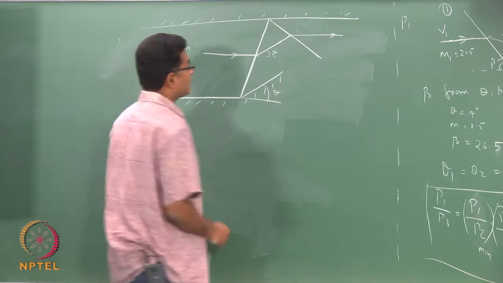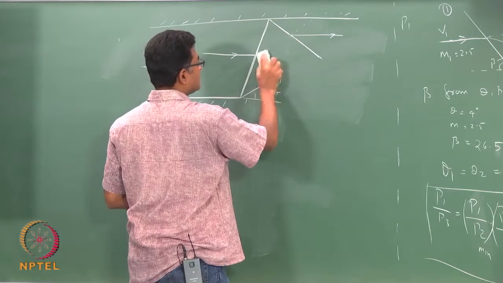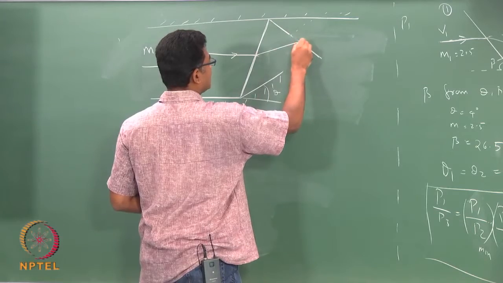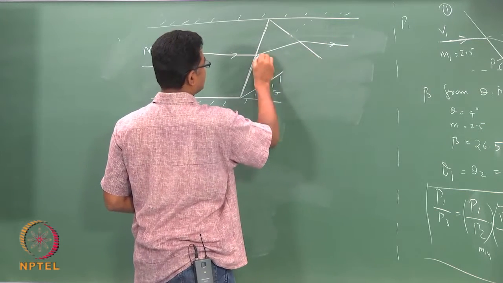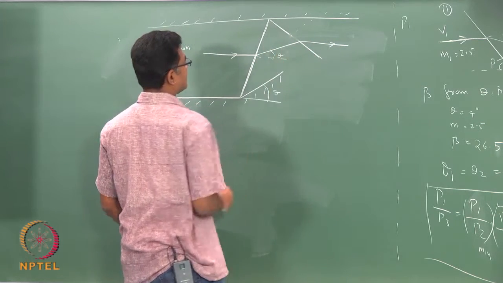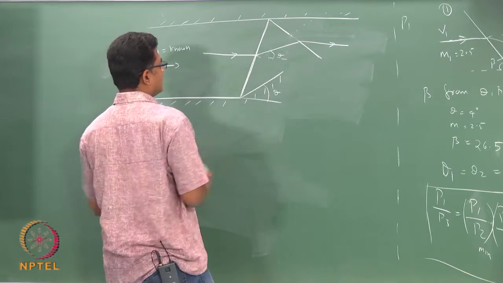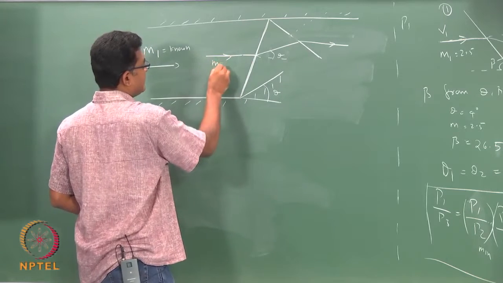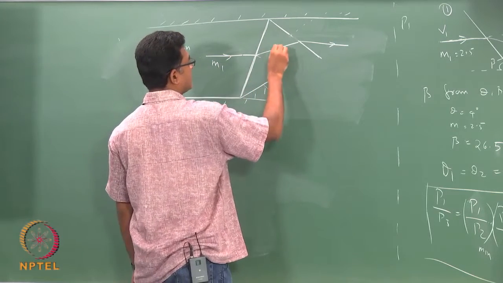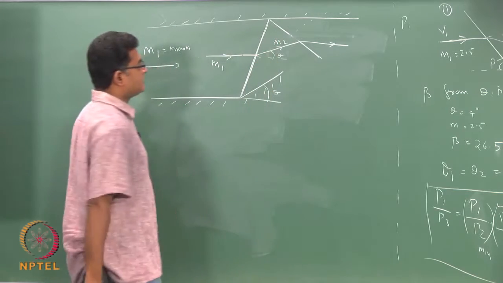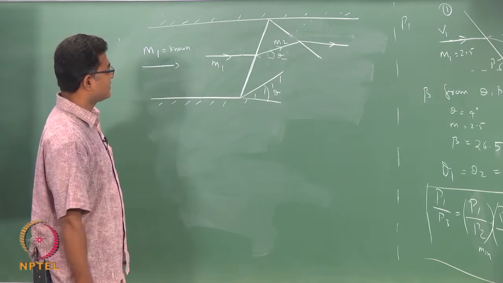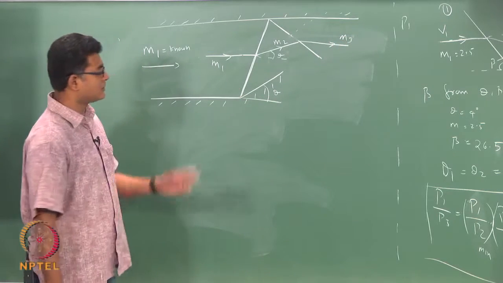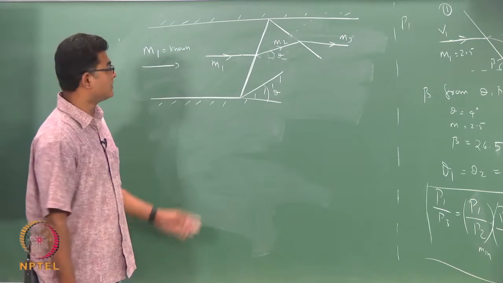Okay, so this is not normal to this. So, it will be at some angle and then turns. So, I have M1 coming and hitting, and the resultant Mach number is M2, and then I get M3. This is similar to the problem that we have done.